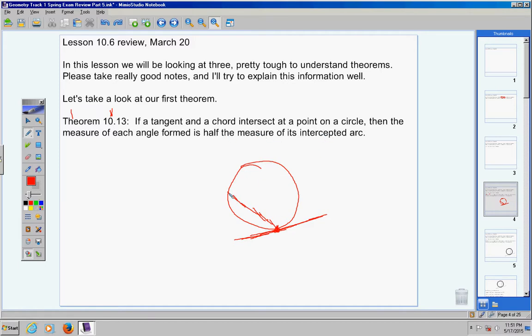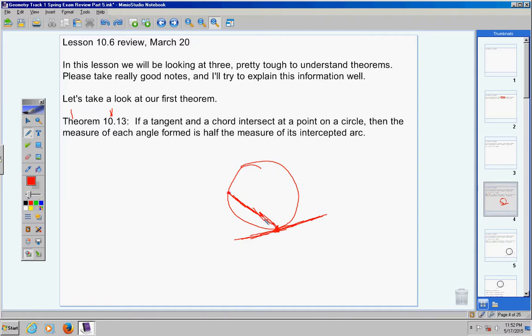So, here's the angle. It goes from here to here. So what's the intercepted arc? Well, it goes from here to here. So this whole angle, from this line to this line, is half of this arc right here. Now, the same is true for the other angle across.